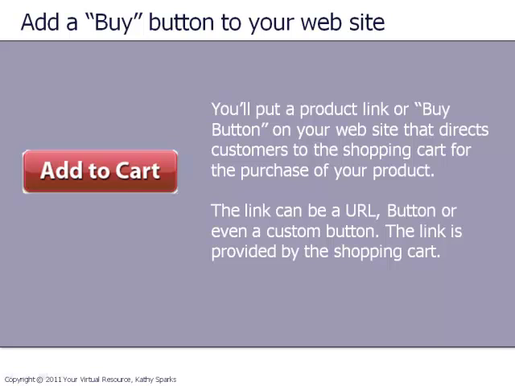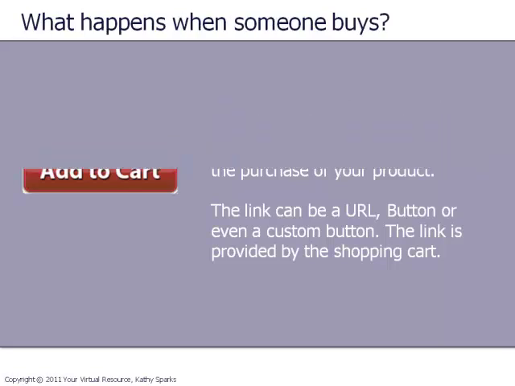This is a little custom button that I happen to have. The link is provided by the shopping cart. So you would put this image on your website, create a link to it, and the link is the URL from the shopping cart. And anytime someone pushes that add to cart, they'll be taken to your shopping cart.